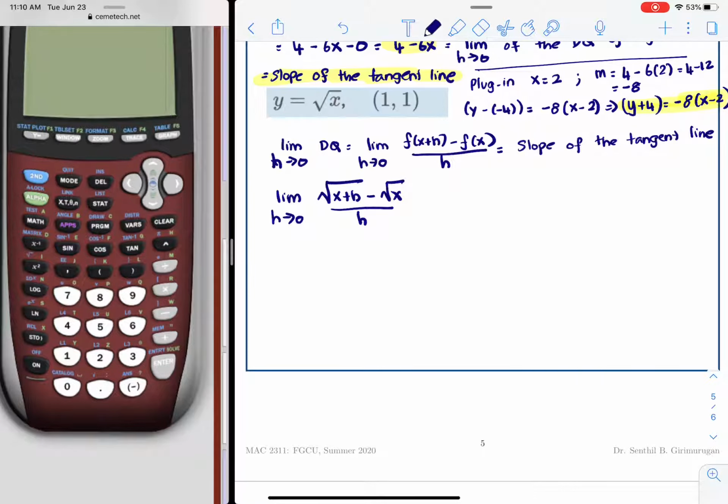Now, in the previous video, I did a couple of examples where if you apply the limit directly to this particular difference quotient, you will get 0 over 0, which is an indeterminate form, and obviously that is not the correct answer. So what should we do? We have to rationalize the numerator.